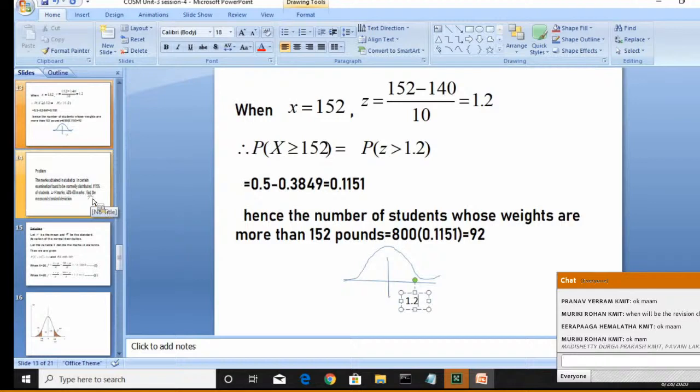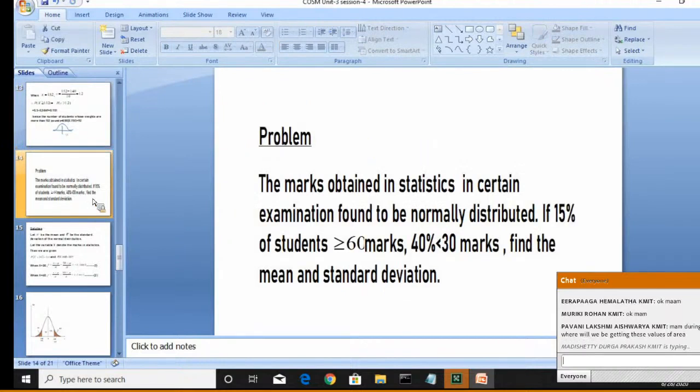I am moving to the next problem. That is more complicated, meaning the concept is a little different. Aishwarya is asking about these values: where you are going for the examination, that college will provide. If you are writing in our college, they will be providing. If they are not providing, you can carry it with you, with their permission, to the examination hall.